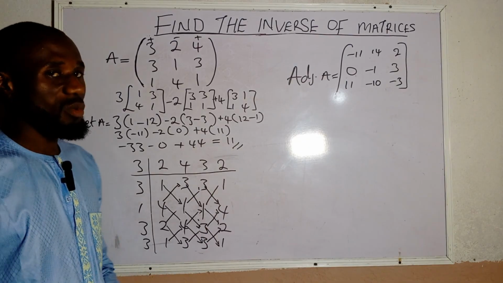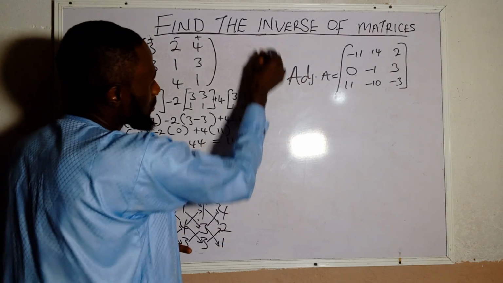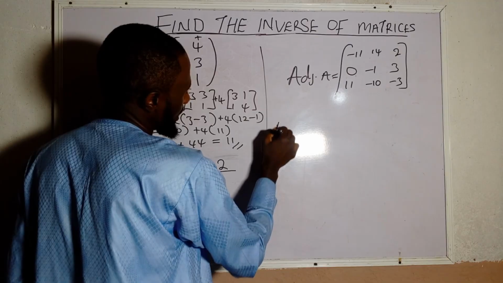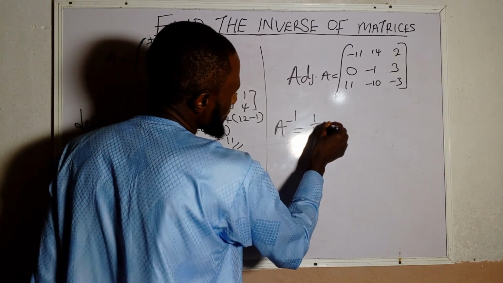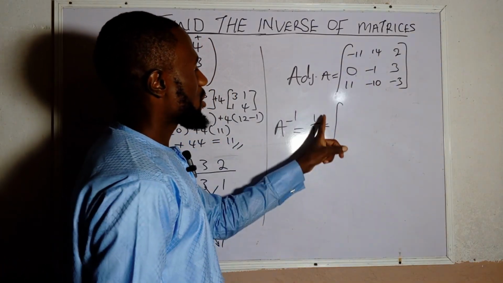Then the next thing to do, we are going to find the inverse now. Since our determinant is 11, the inverse of the matrix A is equal to 1 all over 11, times, open brackets, we put every number all over this 11.